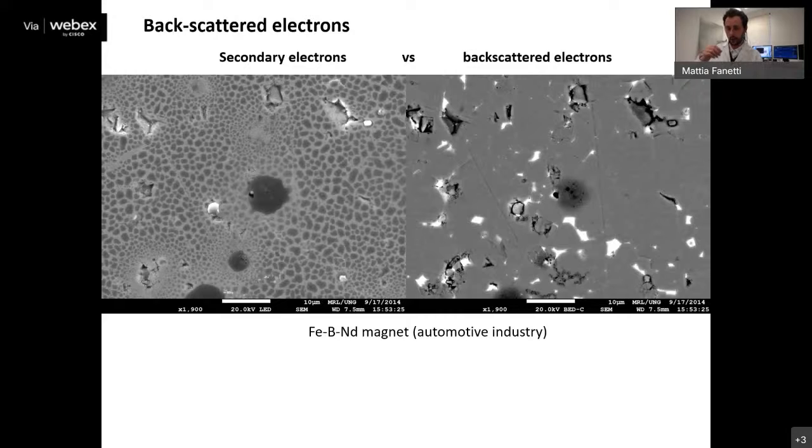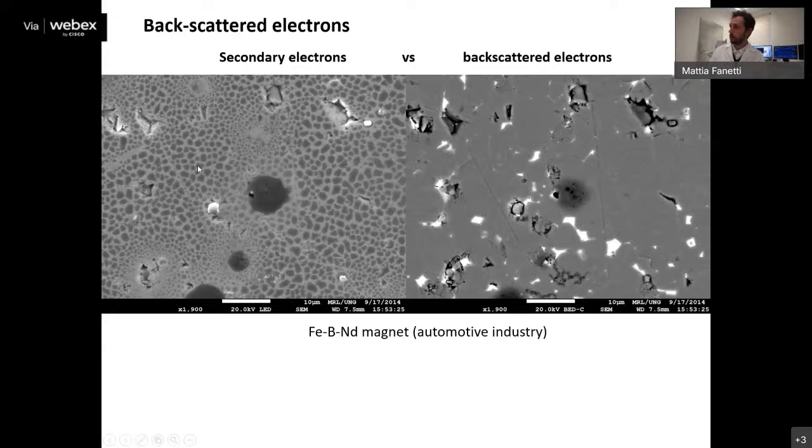This means that after polishing, I left some carbon contamination on top of the magnet surface, okay? And I can see it very well. While this is just a few nanometers of carbon, I cannot see it at all in the backscattered electrons. These few nanometers of carbon are invisible in the backscatter, but I can see them very well in the secondary.